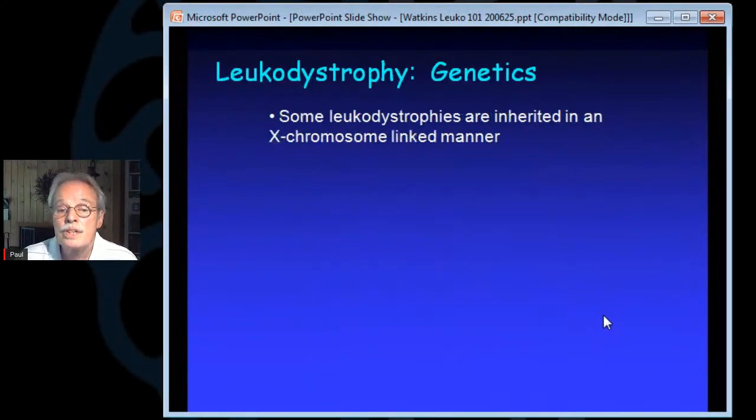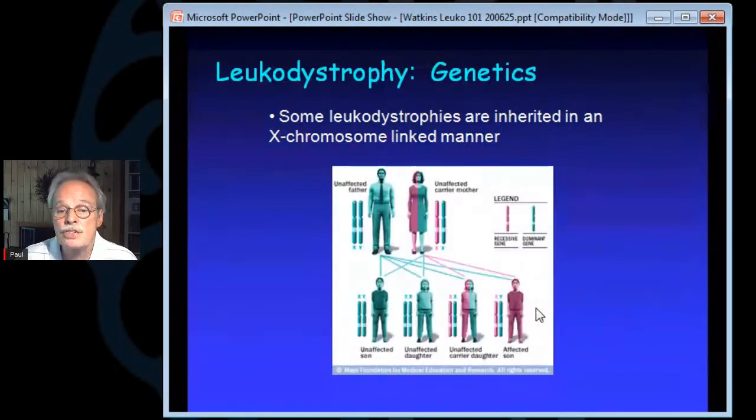Some, for example, X-linked adrenoleukodystrophy, are inherited in an X chromosome linked manner. So in this case, the defective gene or the mutated gene is on an X chromosome. And mom, in this illustration, has a mutation in one of her X chromosomes and a normal X chromosome. Dad has a normal X chromosome and a normal Y chromosome.